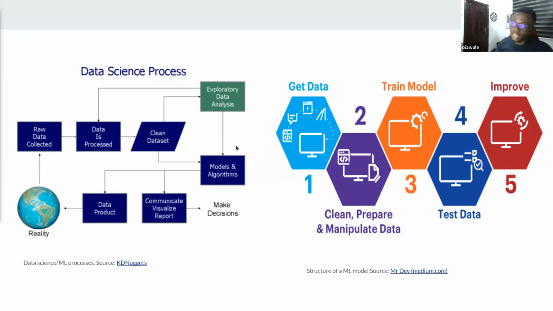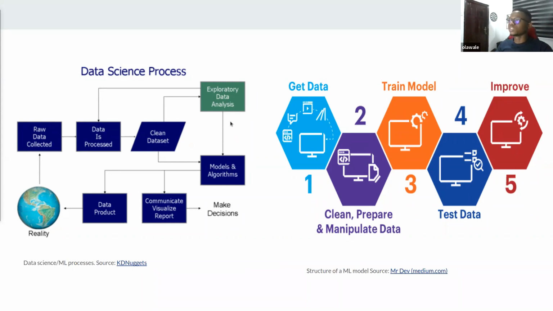The insights you've gotten from the exploratory data analysis process, you make use of when you're trying to build your models. The models and algorithms stage in the data science cycle is about the predictive analysis of data science.